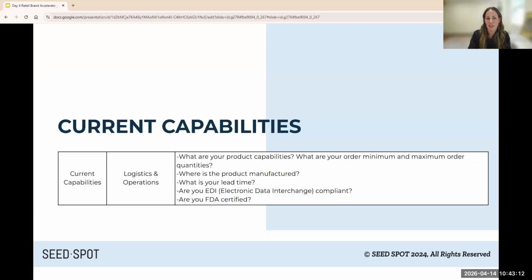So you want to be clear that you can produce what you're saying you can produce, that your case pack size is going to work for them, your shelf life has been checked and is reliable. You have a distributor, you know how to do the logistics. So just make sure all those questions are answered so that you don't get somebody who's a little bit hesitant and ends up saying no for those reasons.